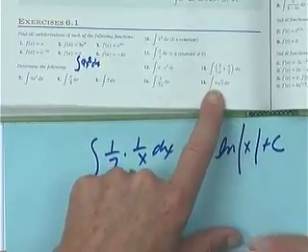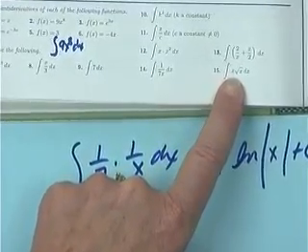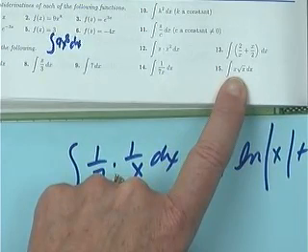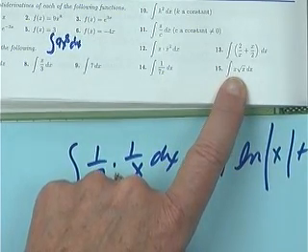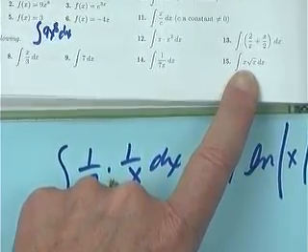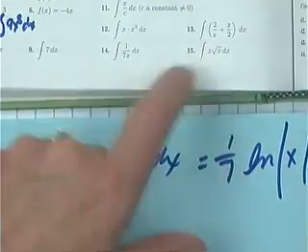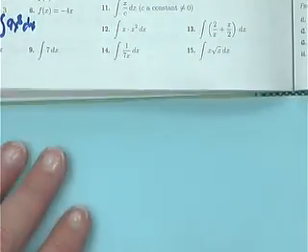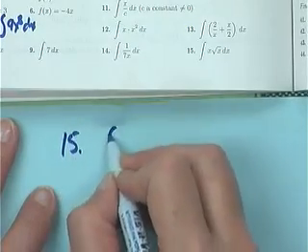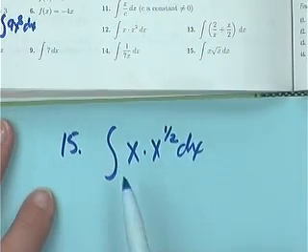How would you handle number 15? The integral of x times the square root of x dx. Is it in the form x to the r? What are you going to need to do in number 15? Yes, you are so good. In number 15, you had the integral of x times x to the 1/2 dx.